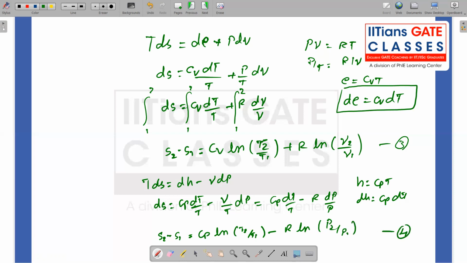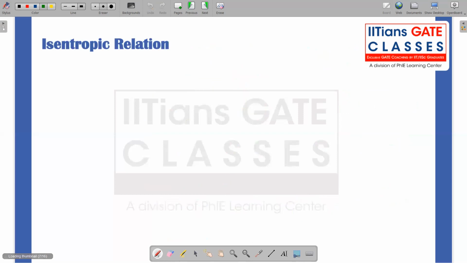These two relations are important when I go forward and show the isentropic relations. So what is an isentropic relation? An isentropic process is one in which there is no entropy change, that means S2 minus S1 is equal to 0.